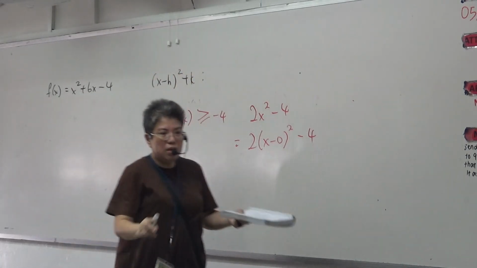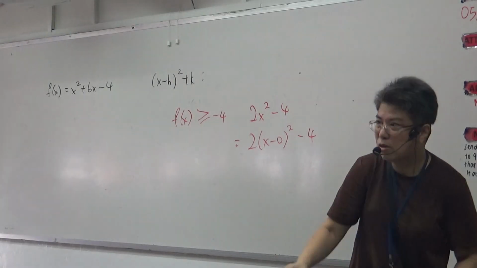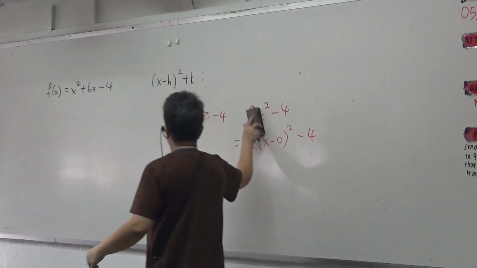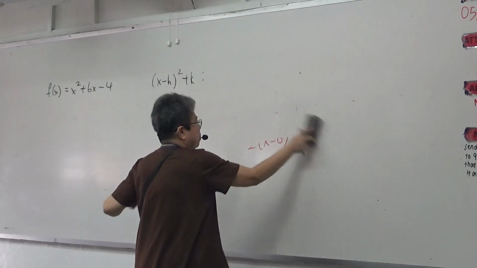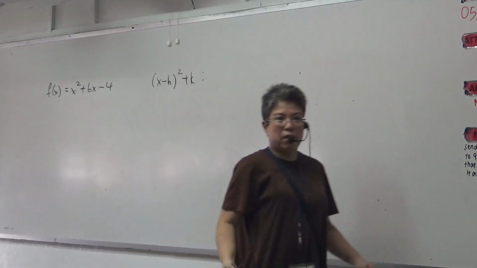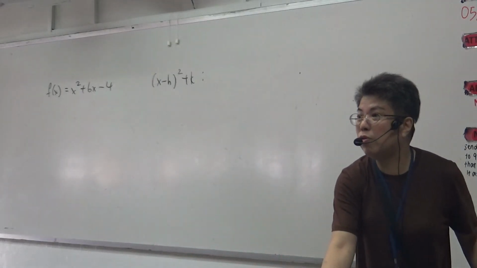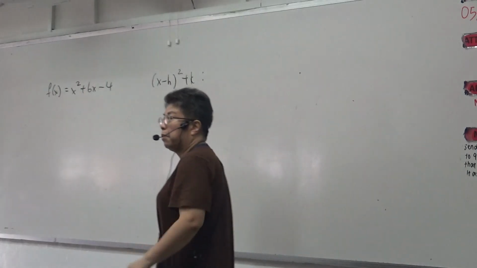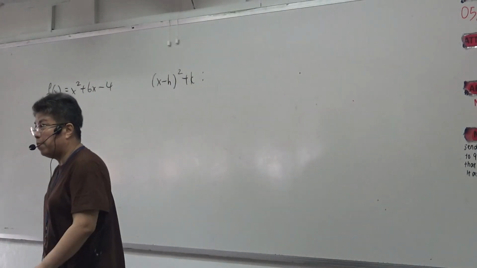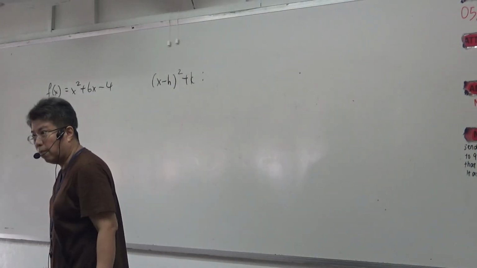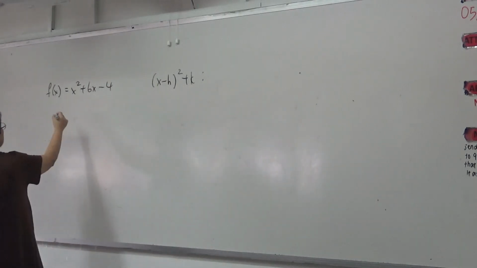Now, when you see this, that means it's completed square form. Agree? Okay? Alright, now, when I did A Maths, what did I say about completed square form? The coefficient of x squared must be what? 1 before you start to complete the square. If it's not 1, you factorize out. Understand? So, this is already 1, so quite good.